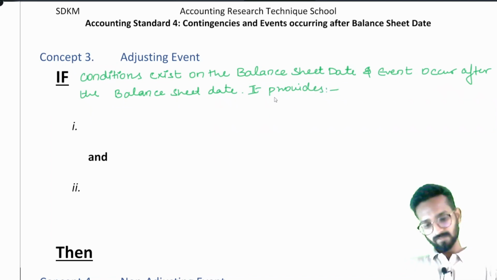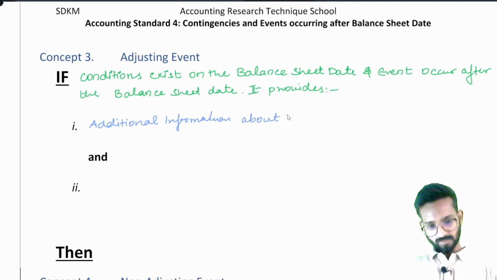It provides additional information about the conditions existing on the balance sheet date.